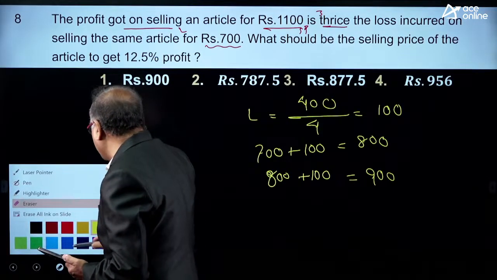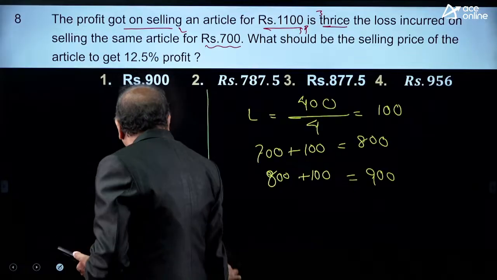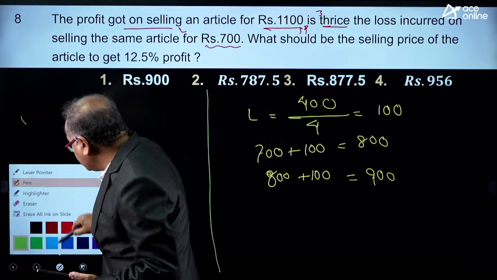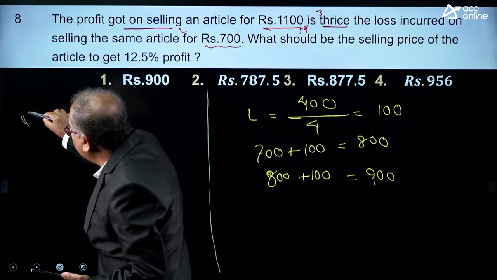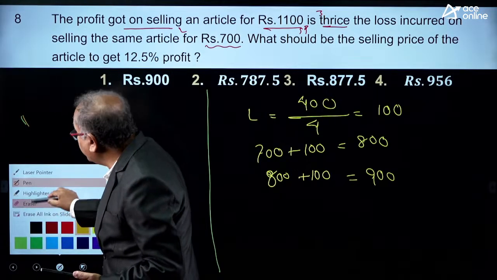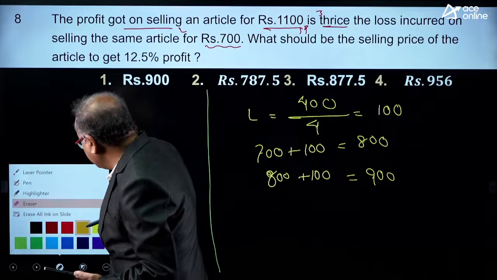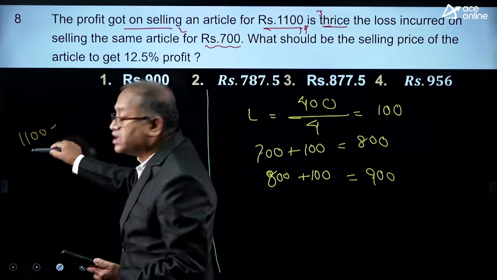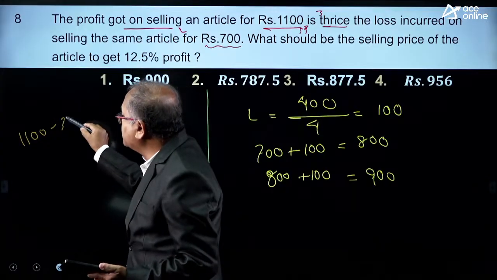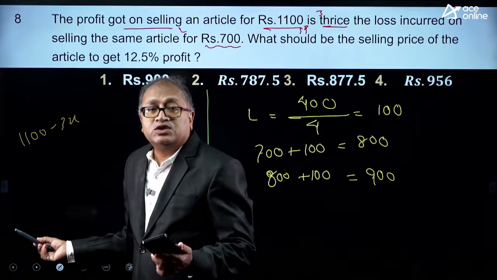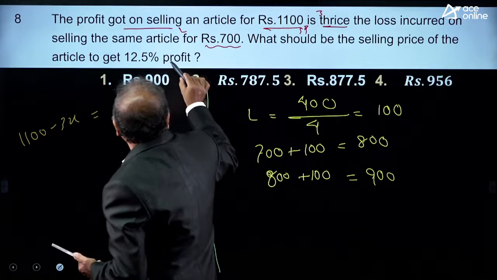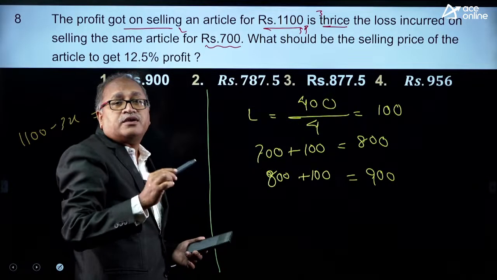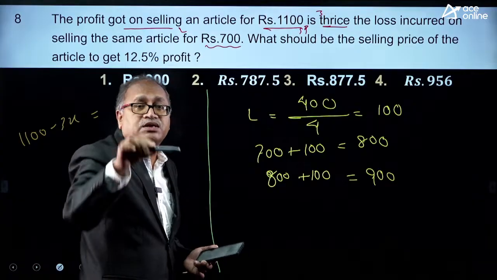So I will do it with the general method here. Cost price is selling price minus profit. So selling price is 1100 minus 3x, the profit. And when there is a loss of x by selling at 700, then the cost price is 700 plus x.